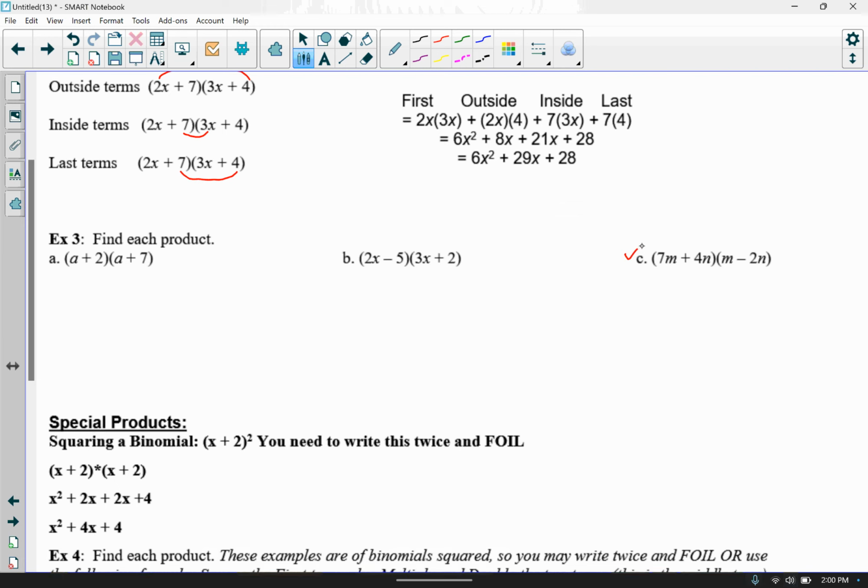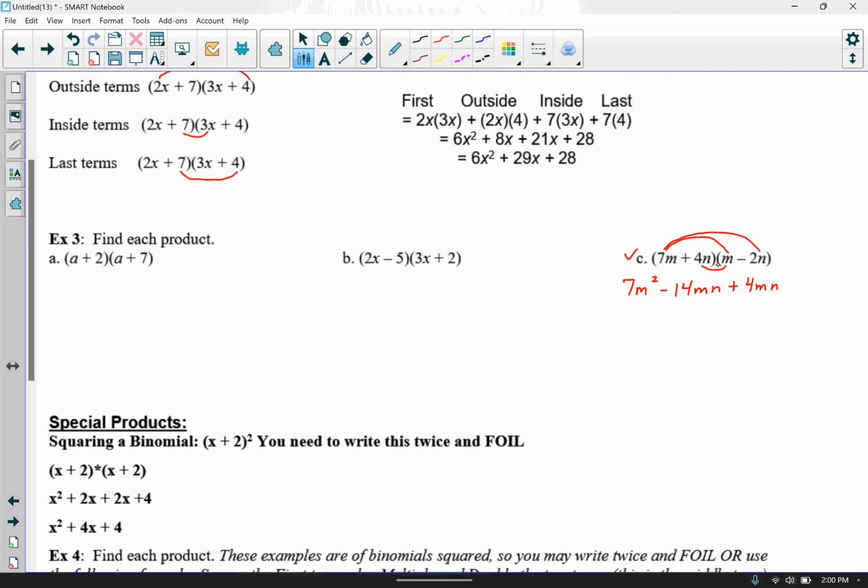All right, so again, 2 terms times another 2 terms, so I'm just foiling. I'm doing my first term. So 7m times m, multiply, add your exponents, so that would become 7m squared. Outside, so 7m times negative 2n, 7 times negative 2, negative 14mn. Inside, 4n times m, so a positive 4mn.